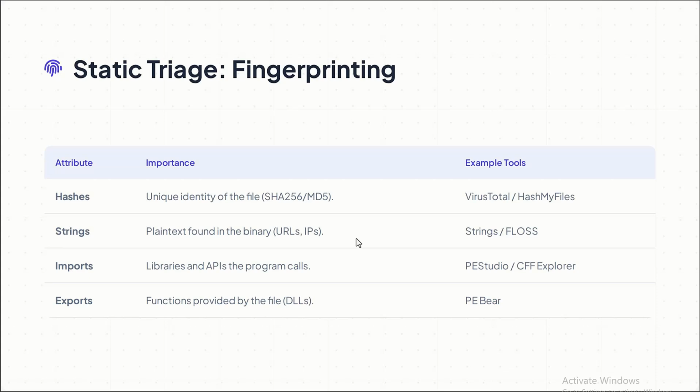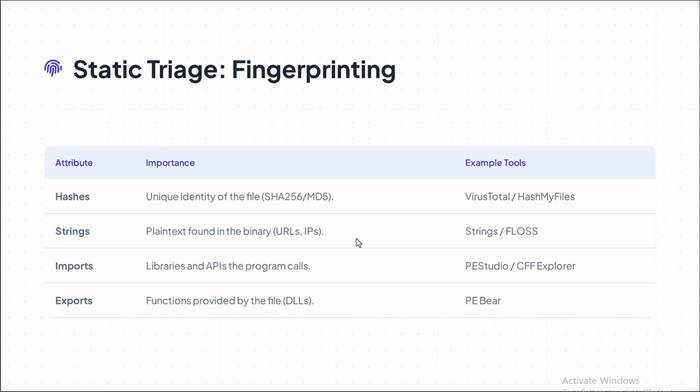The second one is strings. Strings are plain, human-readable text found in the binary. Example tools for string investigation and examination are Strings from the Sysinternals Suite by Microsoft Corporation and FLOSS by Mandiant.